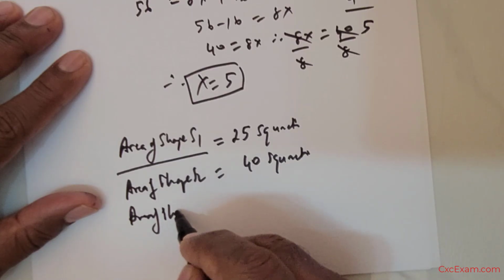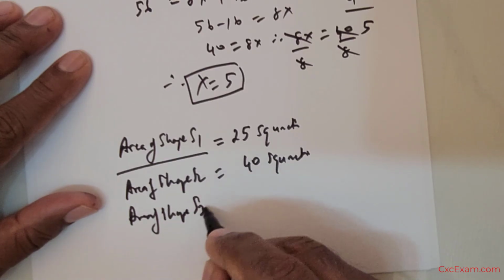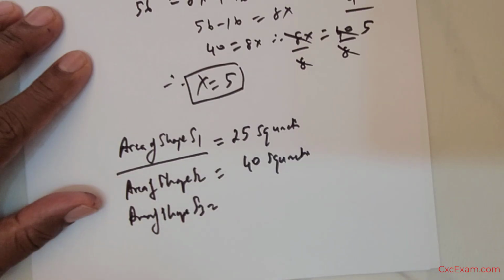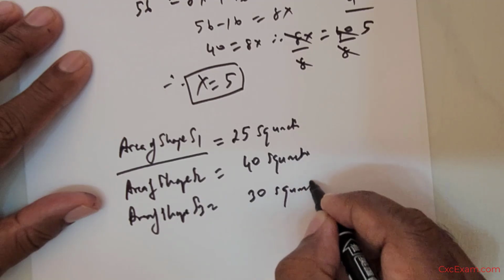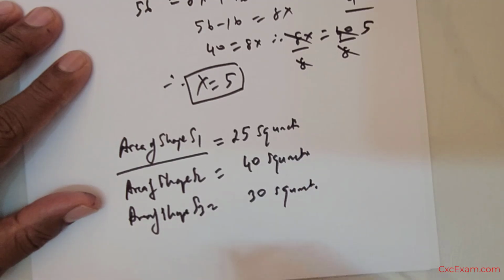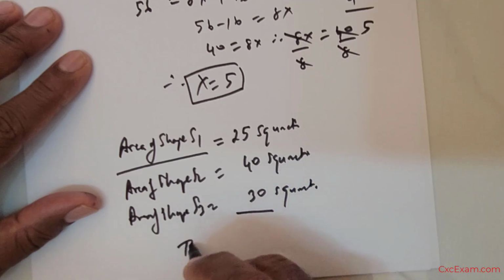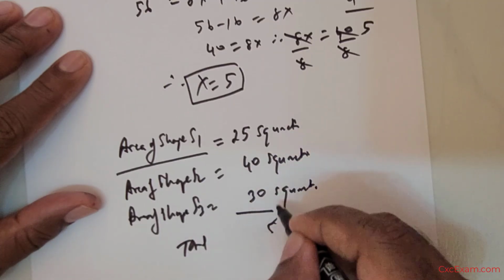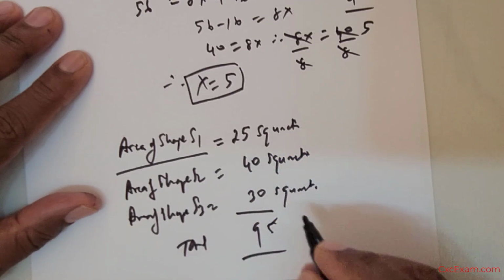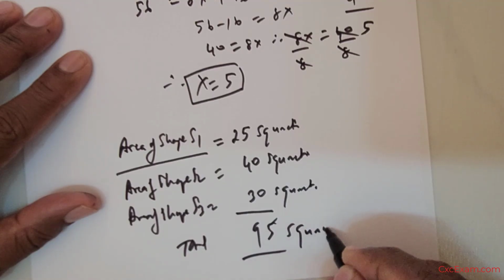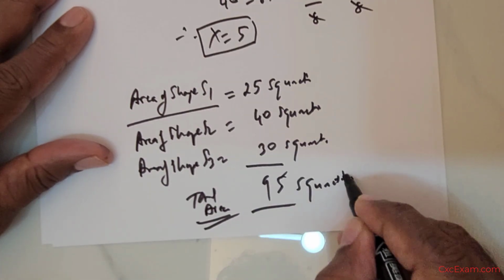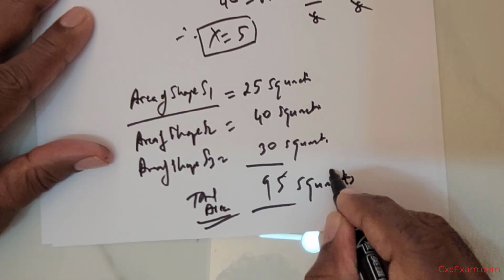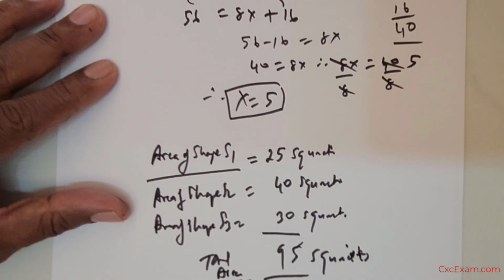Area of shape S3, 10 times 3, that's 30 square units. So the total area will be 25 plus 40 plus 30, so 95 square units is the total area. So that's the solution for this question, square units. Okay, so let's move on.